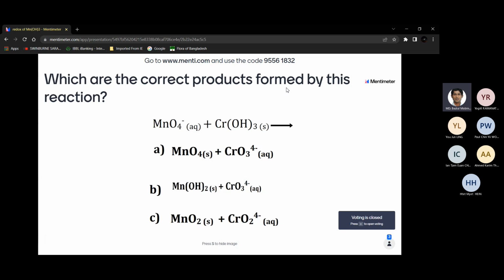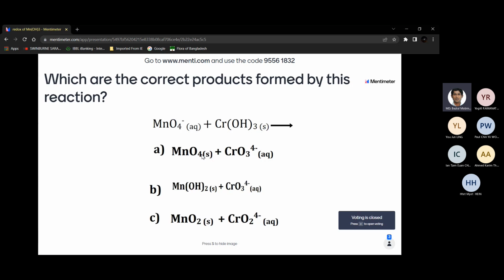All right. Which are the correct products formed by this reaction? Manganese hydroxide and chromate, right? Manganese hydroxide will be formed because manganese will have a 2 positive charge, right? And then the chromate ion is being formed. But for A, you see, where is the hydrogen?